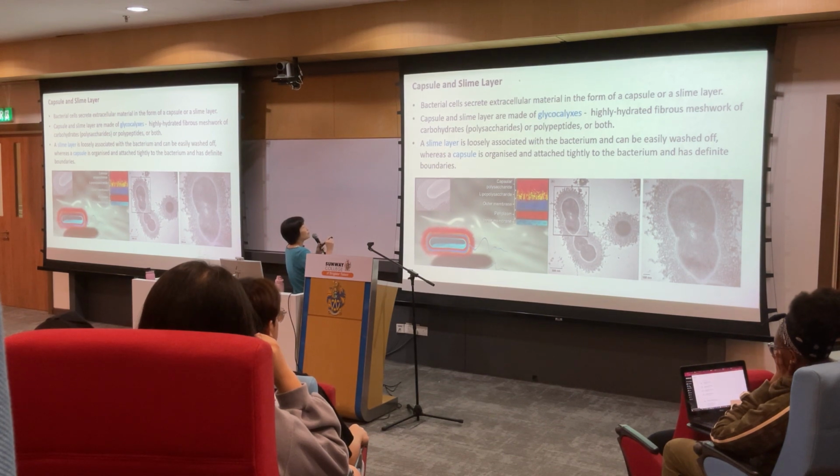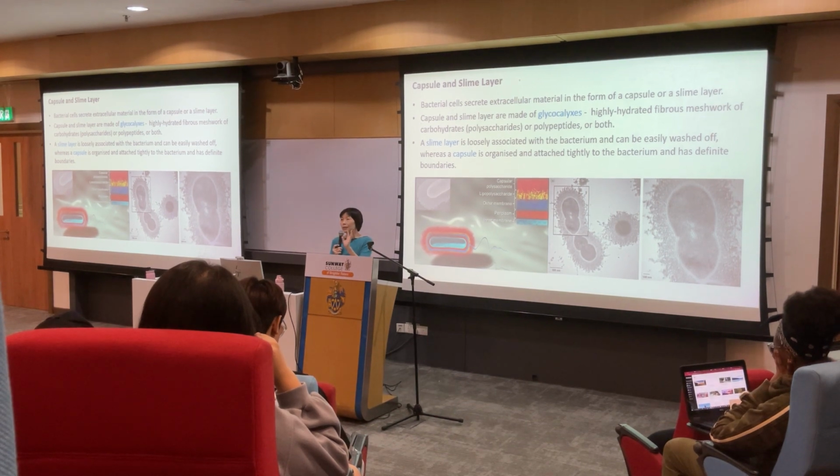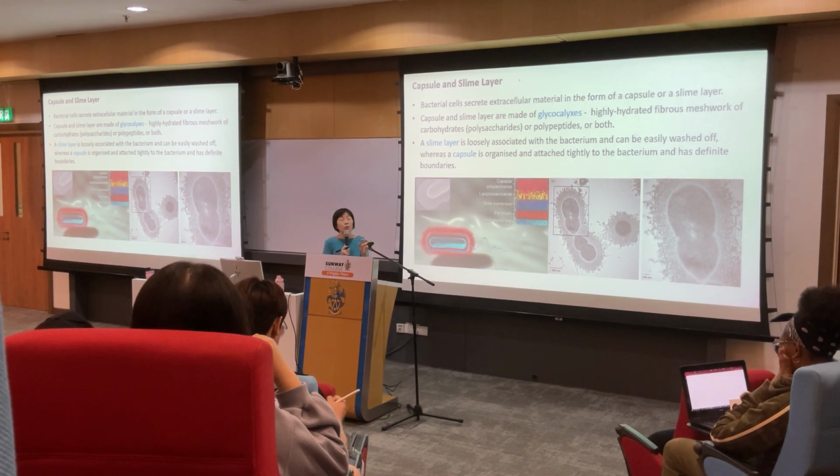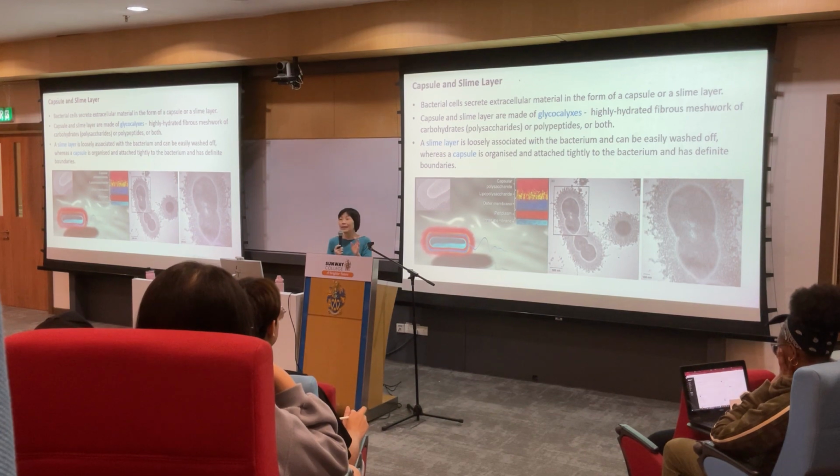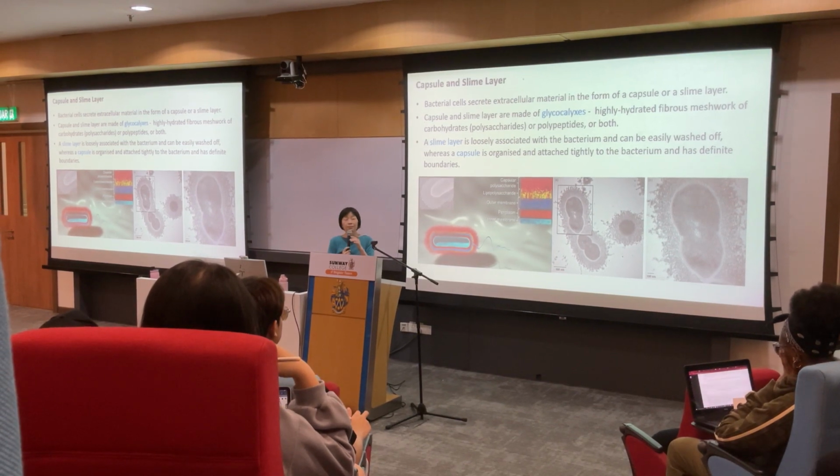Now, the difference between the slime layer and the capsule: basically they are the same thing, and sometimes people use these two terms very loosely. However, if you want to define and distinguish them precisely, the slime layer is loosely associated with the bacterial cells and can be easily washed away. It's loosely organized and a little bit thin.